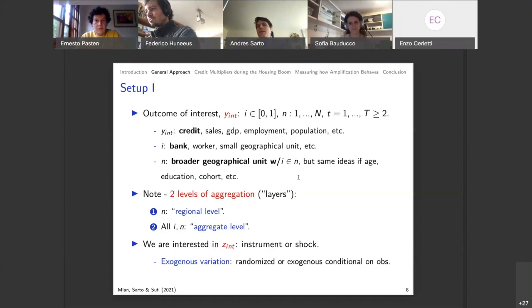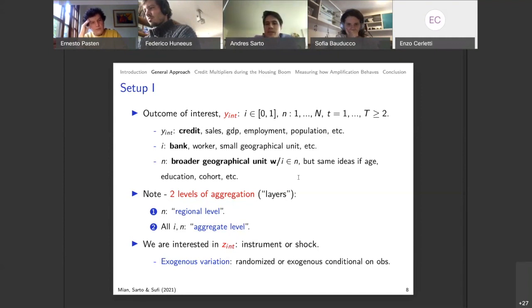In a typical example, think about a difference from 2000 to 2006, or the run up to the Great Recession in the early 2000s. Other papers have used the span of the Great Recession, so 2 or 3 years. This is the type of framework that I have in mind. I don't know if that actually answered your question. Yes, exactly. Thanks.